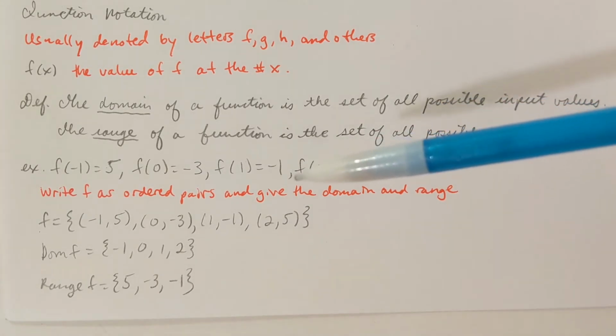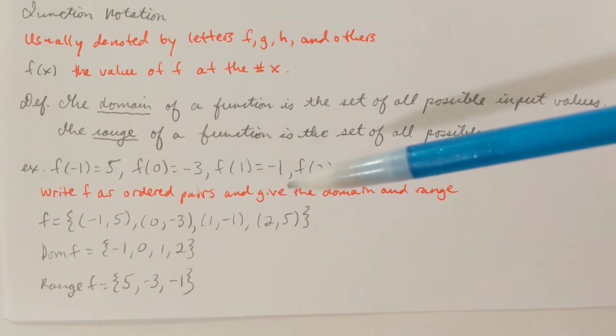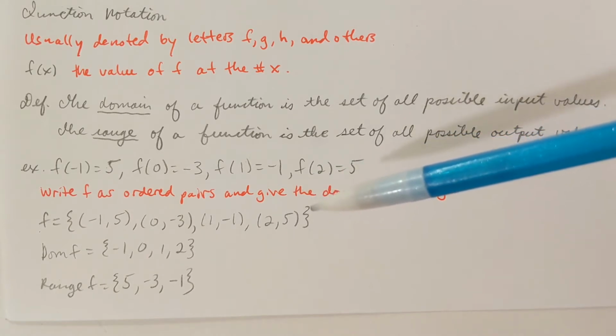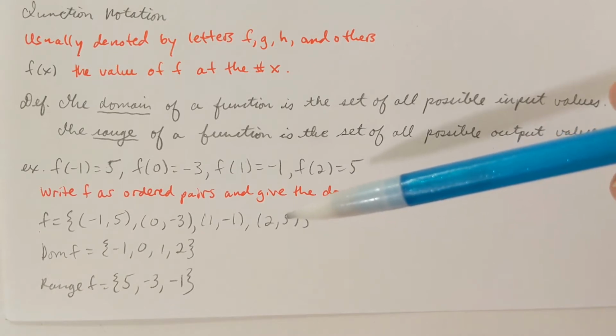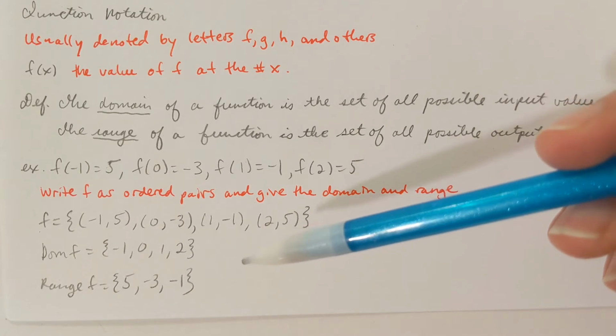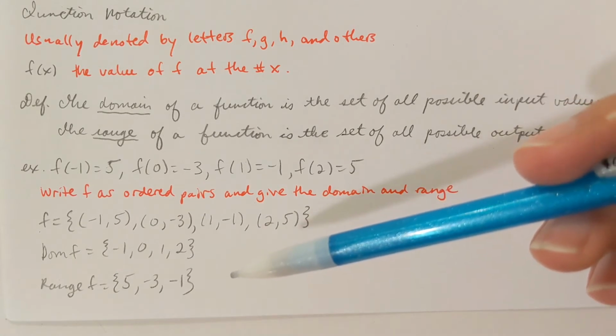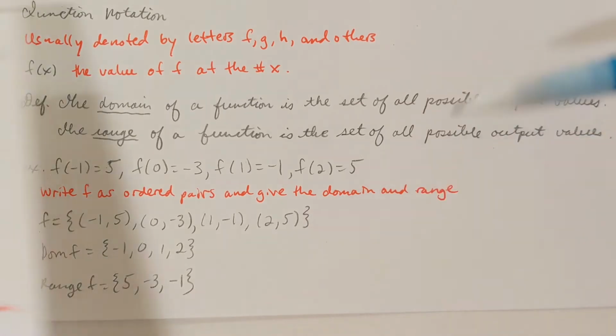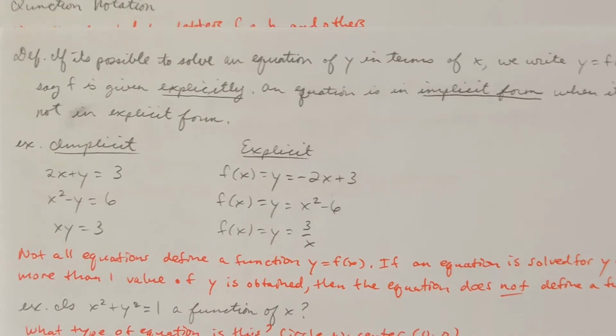So f is the set containing (-1, 5), (0, -3), (1, -1), and (2, 5). The domain, we got -1, 0, 1, and 2. And the range, we got 5, -3, and -1. Okay?